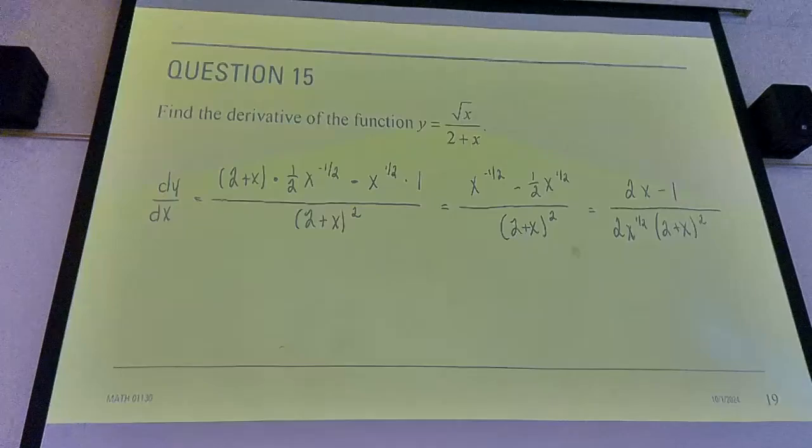Oh. That's how. I mixed up where my x to the minus 1/2 was. That looks better. And just to keep the square roots from the original problem, write this.